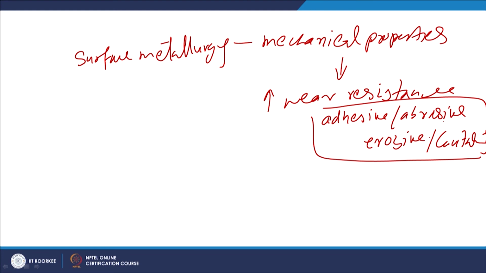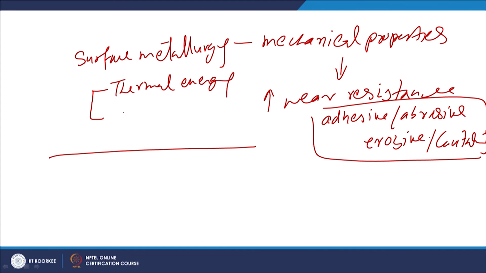What is the basic idea in this kind of approach? The surface which is to be modified is subjected to two types of energies: thermal energy or mechanical energy, and these approaches are entirely different from each other.